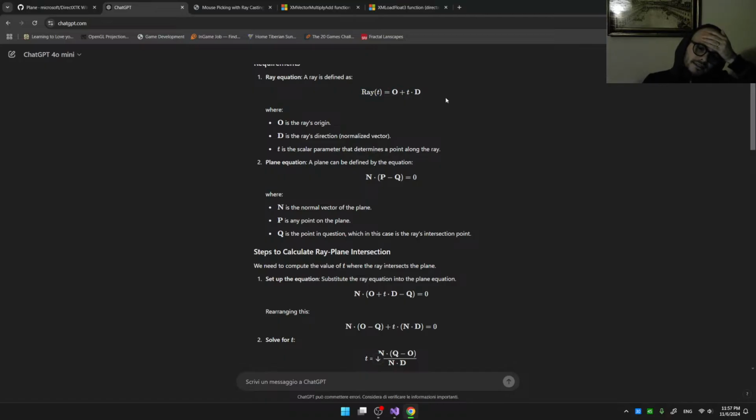What are the scenarios? Either the ray lies on a plane that has the same normal, so a plane that is parallel to the other one, or it lies on the plane itself.